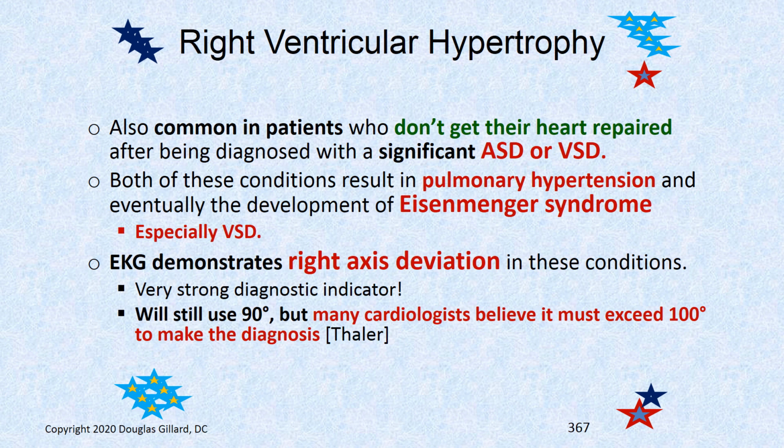We talked about Eisenmenger syndrome. All that extra blood can overload and scar up the microcirculation of the lungs. So that's another possible cause of it. The EKG demonstrates right axis deviation, anything to the right of 90 degrees.